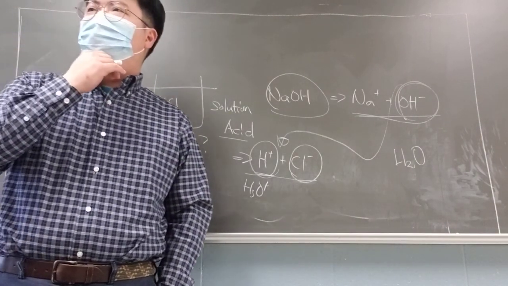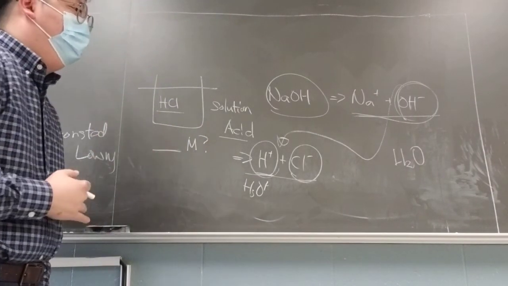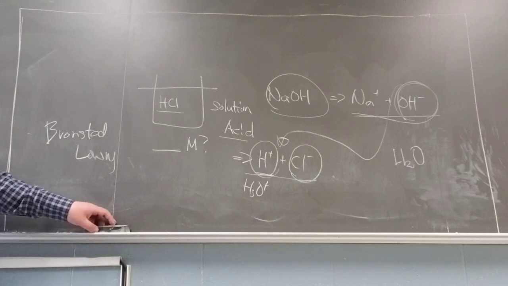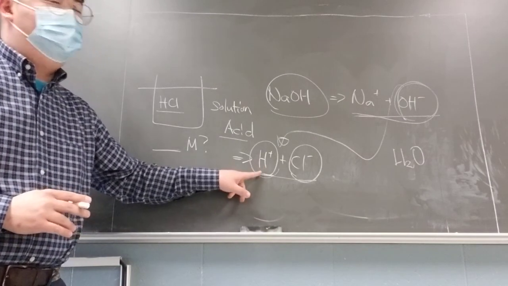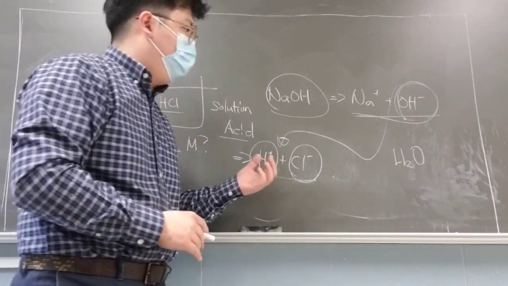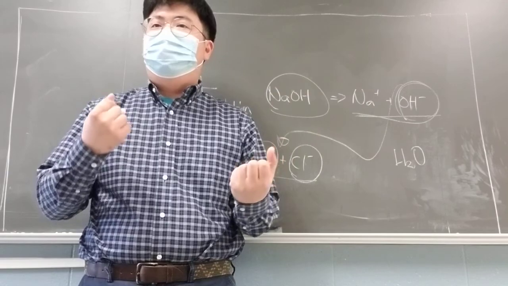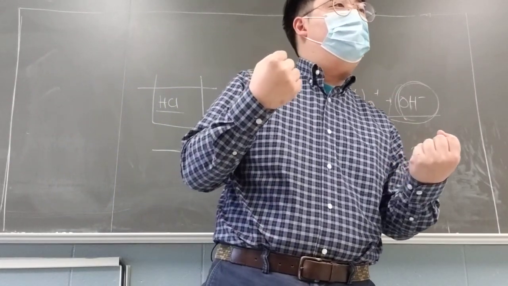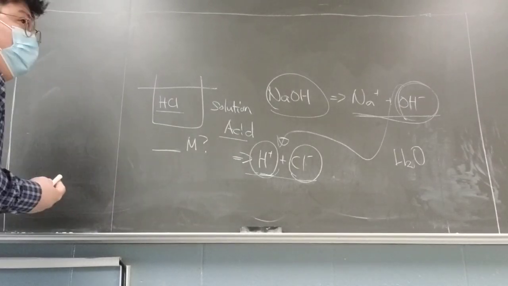Are you guys taking Gen Chem too? You are, and you'll get there soon with this one. But for now, I think this is okay, which is the Arrhenius definition. So anything that has a proton, hydrogen cation, or the hydroxyl anion, these will be a good contact to each other, so we can use them for the titration.